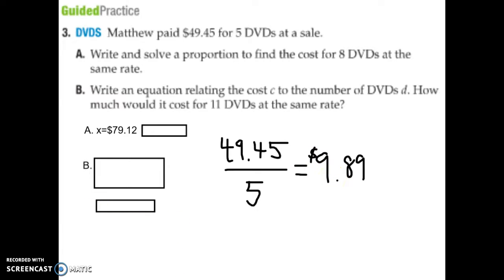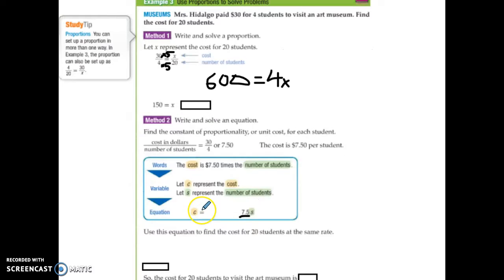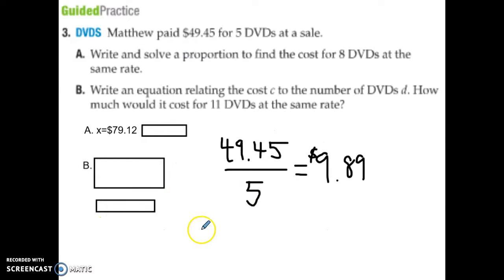Just like back on this page, C equals my constant times the number of items. So for my equation, my cost is going to be equal to my constant, $9.89, so that's what every DVD costs, times how many DVDs I buy. Now I don't have to solve a proportion necessarily. This is my equation.